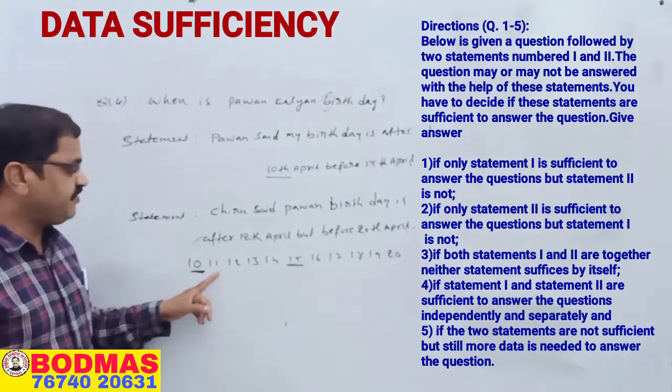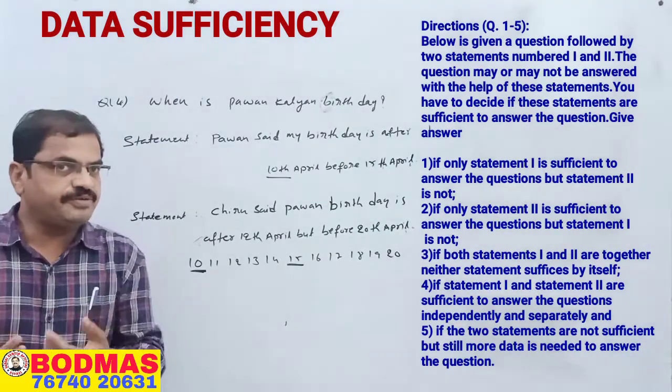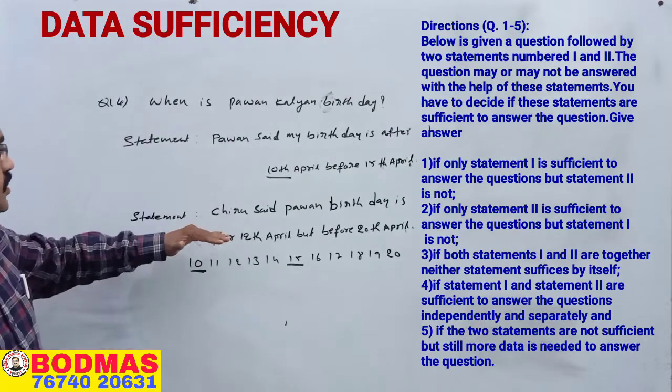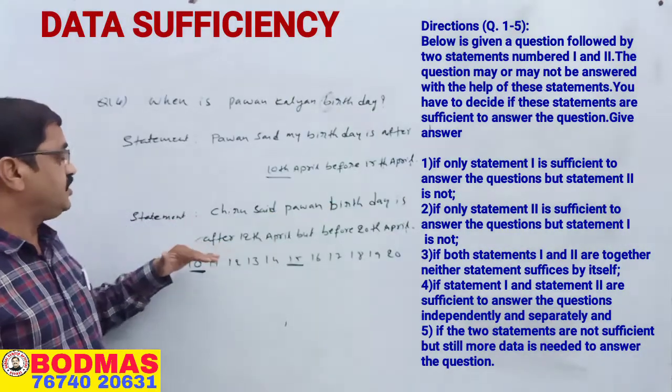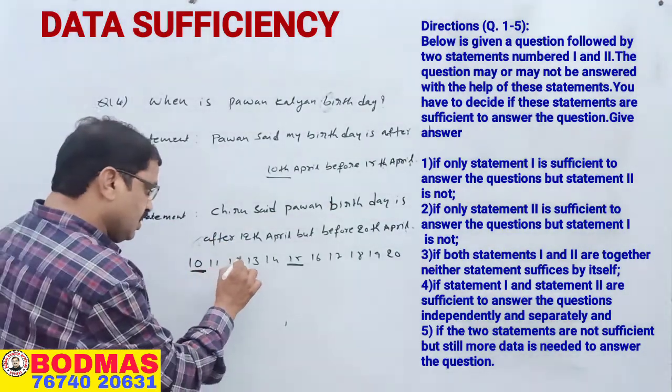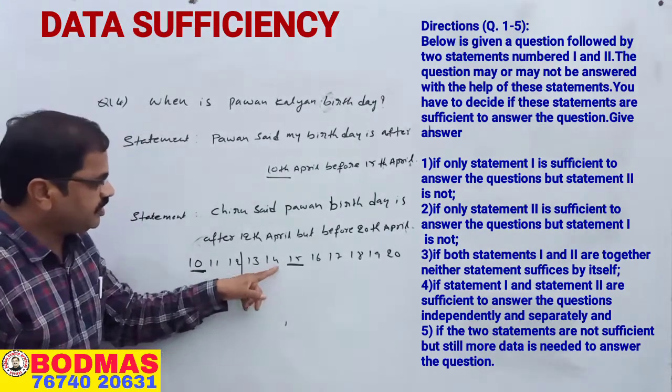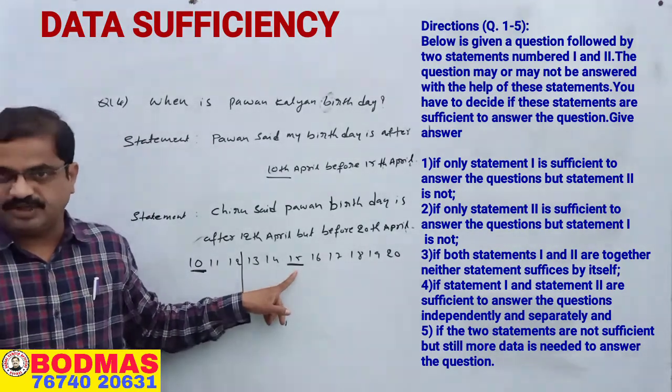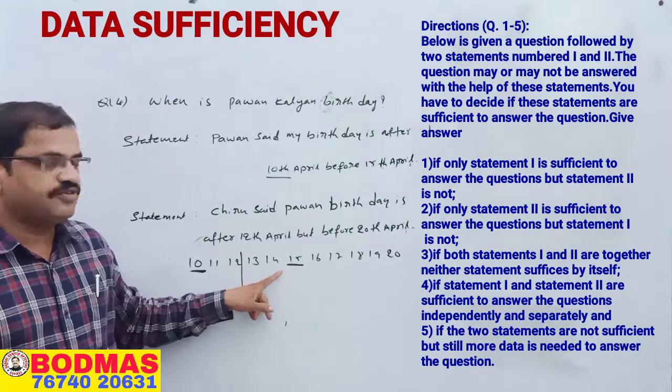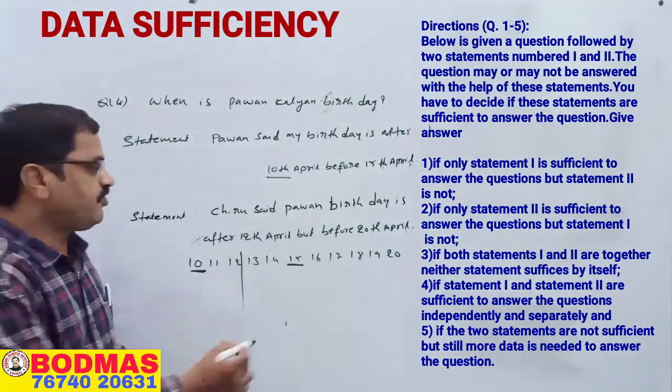So the chances are 11, 12, 13 and 14. With the information from Chiru, after 12 means 13, 14 or 15, but there is no chance for the 15th, because he said before 20th. Only 13th or 14th.